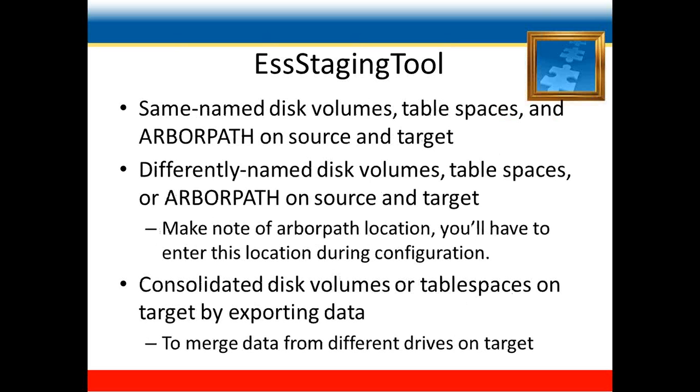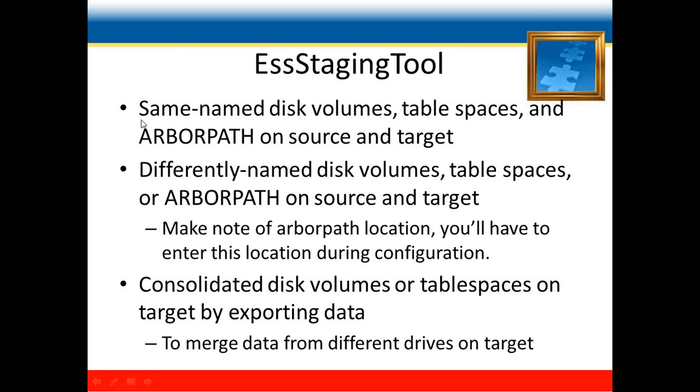Once you run this utility, you will be asked to choose some options. You will be provided with 3 options about what the environment of the target machine is going to be. The first is whether the target machine will have same named disk volumes, table spaces and arbor path.